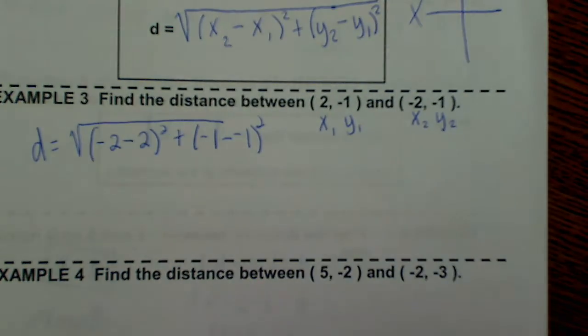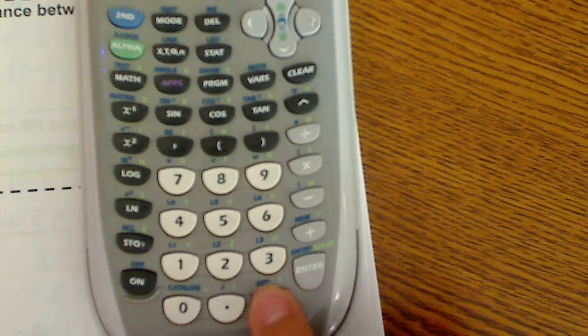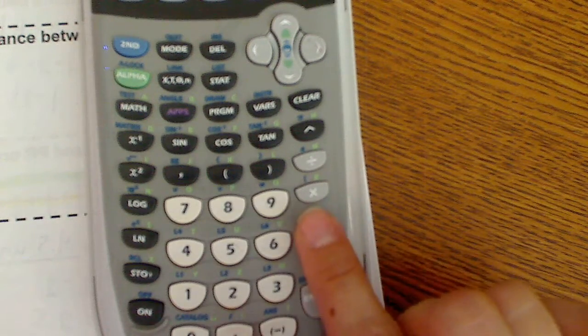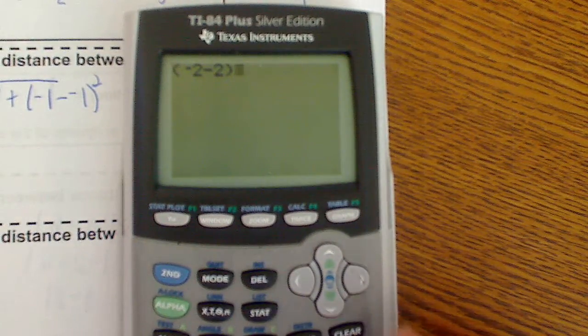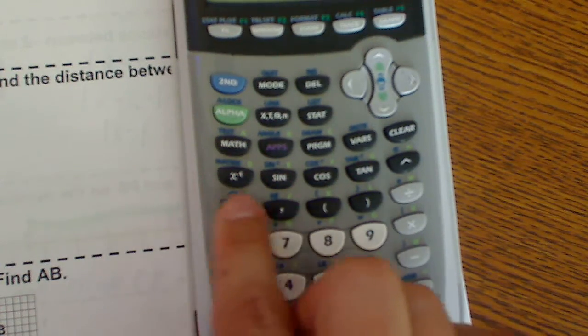Let's go ahead and make sure we have that. If you don't have a calculator, you might want to grab one. Okay, so I'm putting parentheses and then negatives down here, -2 minus is right here, and then 2, close parentheses, my squared is right here. It's this part right here.